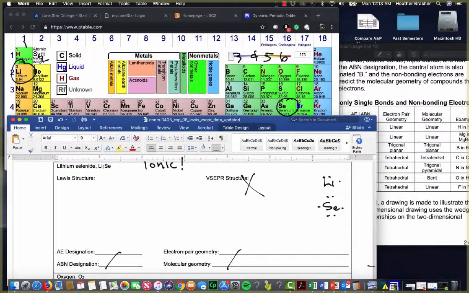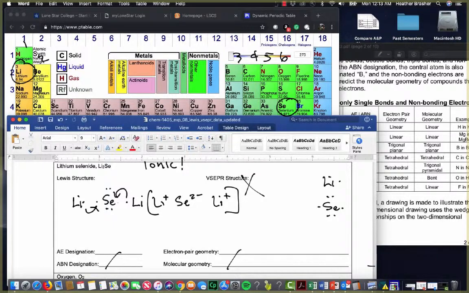So essentially when we look at this guy, it looks like this. But basically what's going to happen is the lithium is going to give its electrons to the selenium. And so then we're going to get the 2 minus here, and then each one of these is going to be a positive.